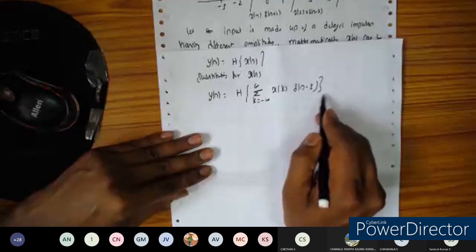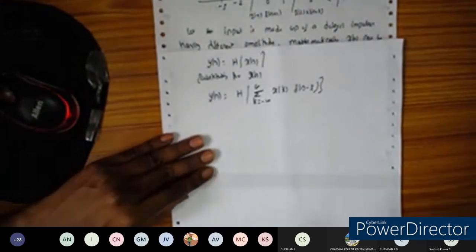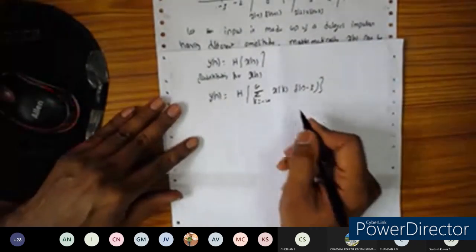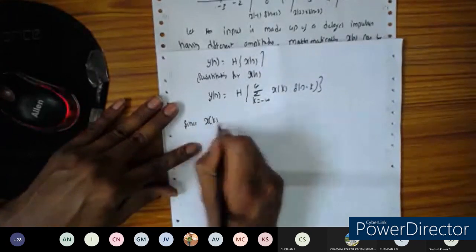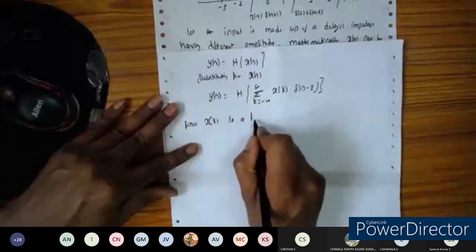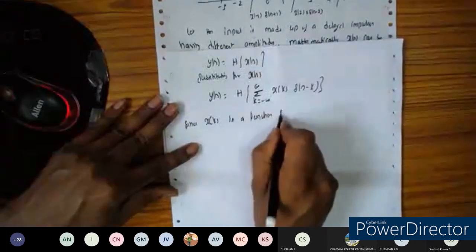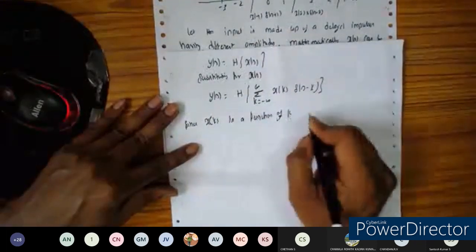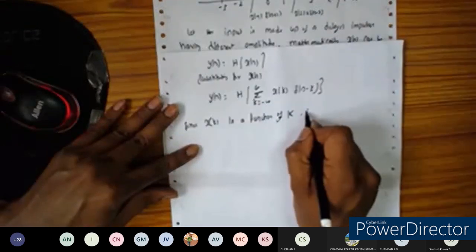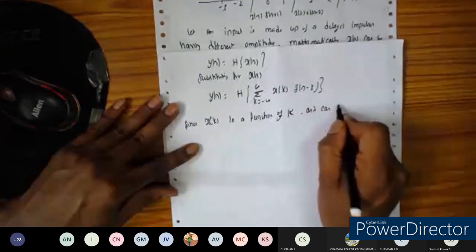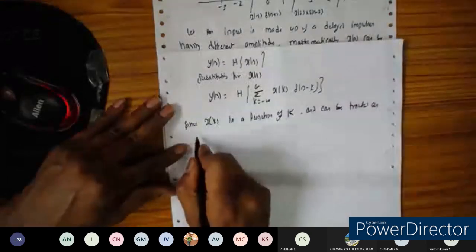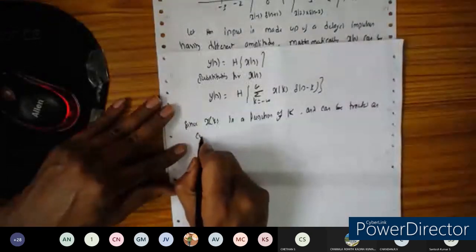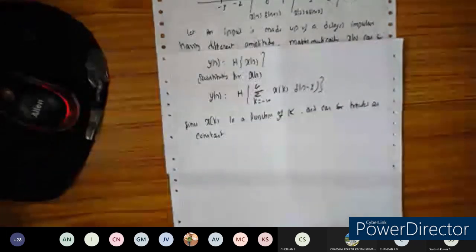Since x of k is a function of k, it can be treated as a constant.